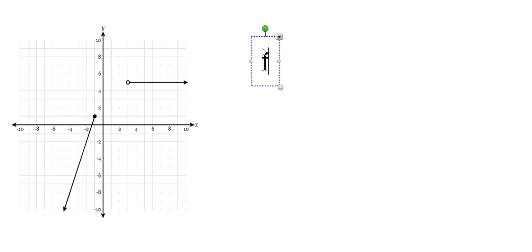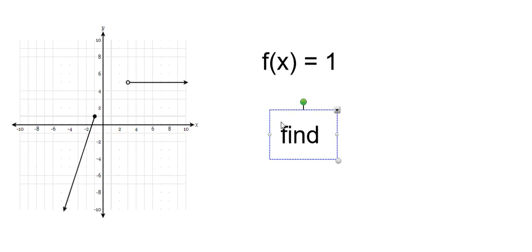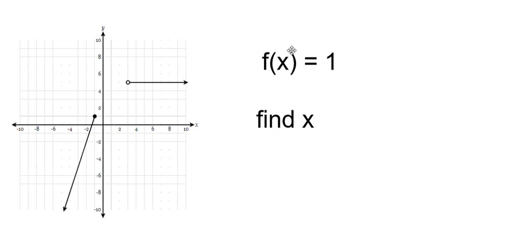All right, sometimes in Delta Math you might see f of x equals, how about 1? Okay, and then it would say find x. Okay, that's saying, hey, when y is equal to 1, at what x does that happen? At what x does the function equal 1?